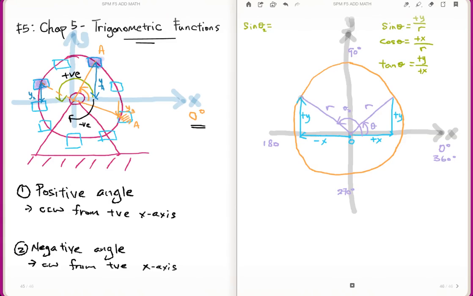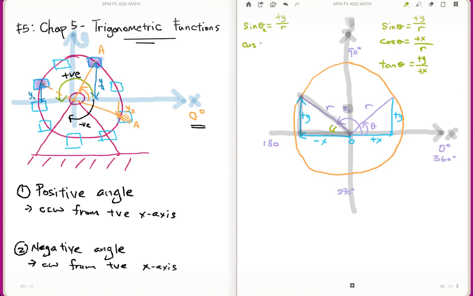You focus on this triangle. Even if the angle is theta 2, over this smaller angle, sine theta 2 will be positive y over r.